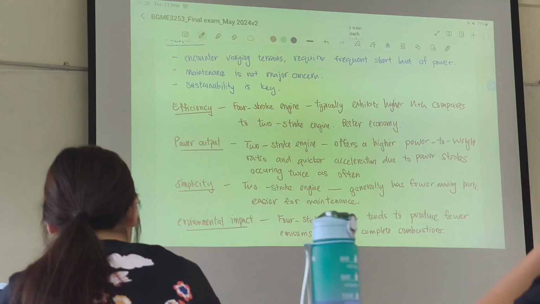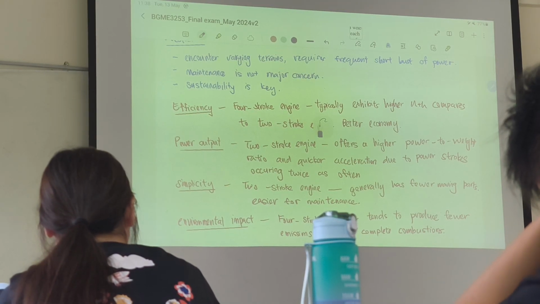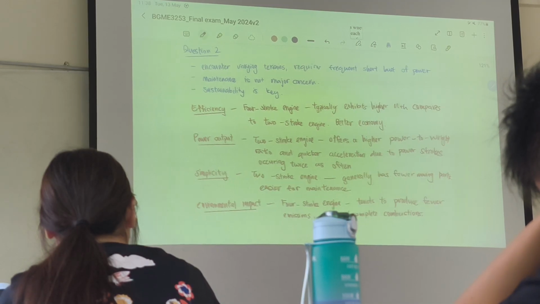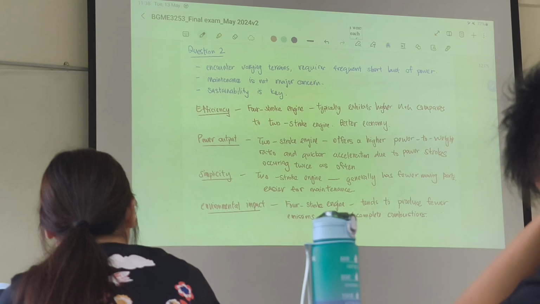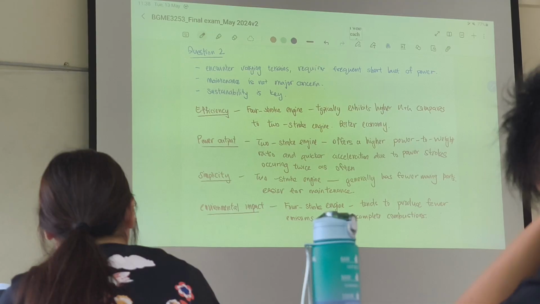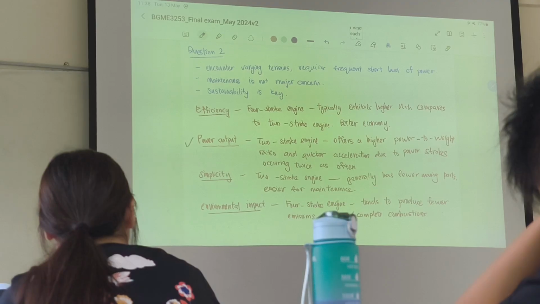Okay, so now that we have listed out all four of the criteria, now we need to choose, right? We need to make a conclusion on which one to choose. So based on the criteria here, what are the important ones? The ATV requires frequent short bursts of power, right? So power output wise, this will be important.